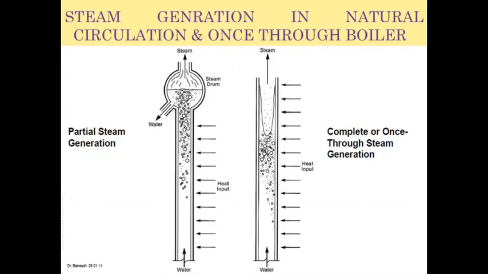But before that let us try to understand the impact of heat addition in terms of steam generation and how it is happening when there is a circulation or flow across the system. There is an open system and there is a closed system.